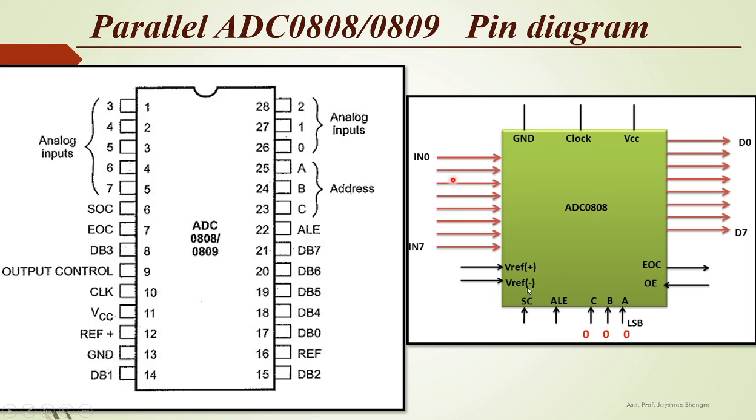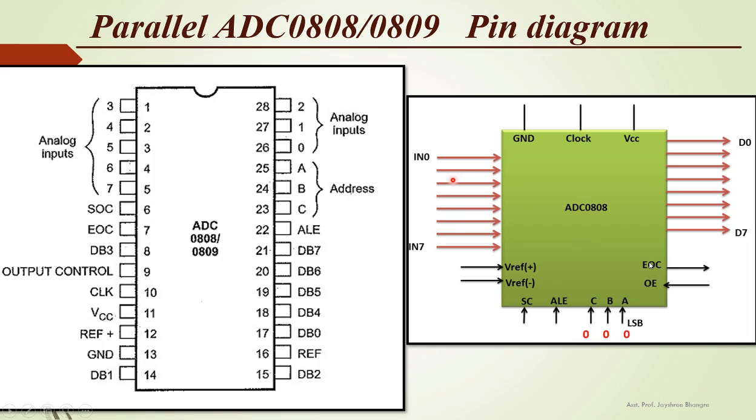Then after the conversion starts, we have to monitor the EOC pin, that is the end of conversion pin. This is similar to the interrupt pin of the 0804 ADC. So after the completion of conversion, this pin will automatically go low.